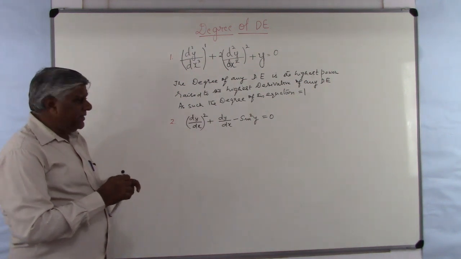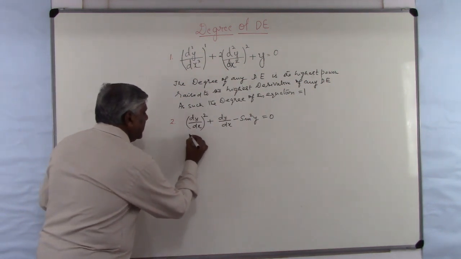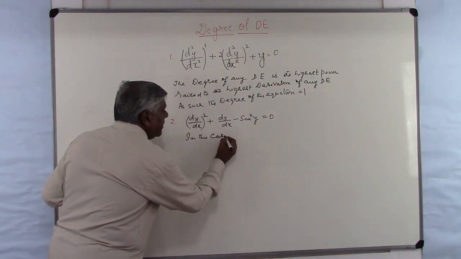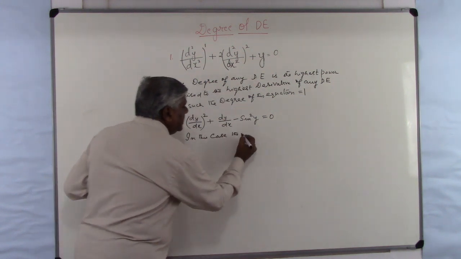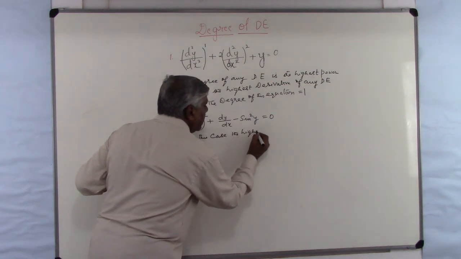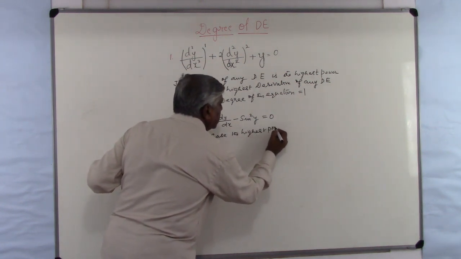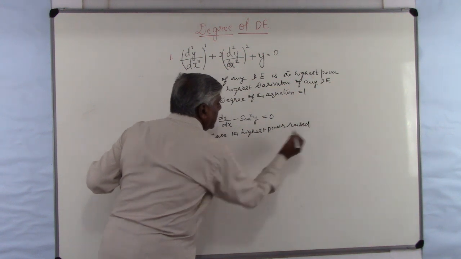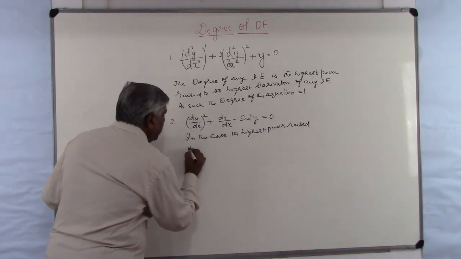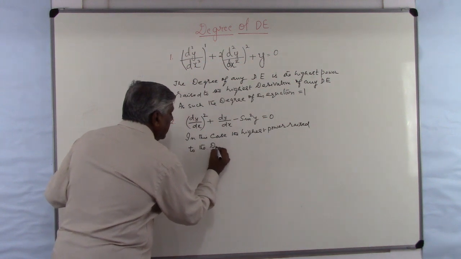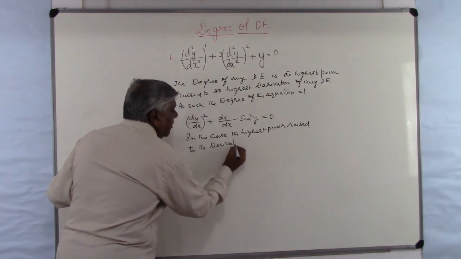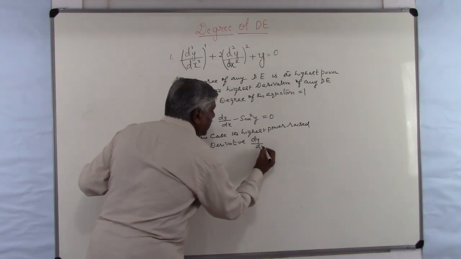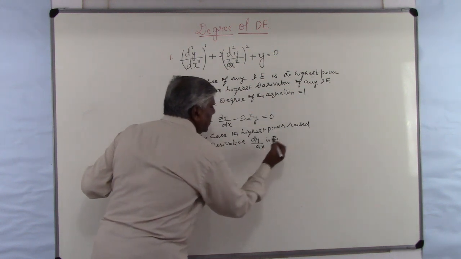In this case, the power raised to the derivative dy by dx is 2.